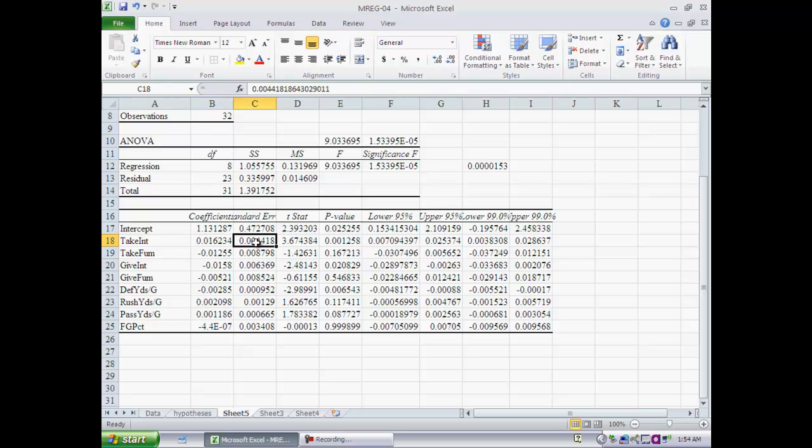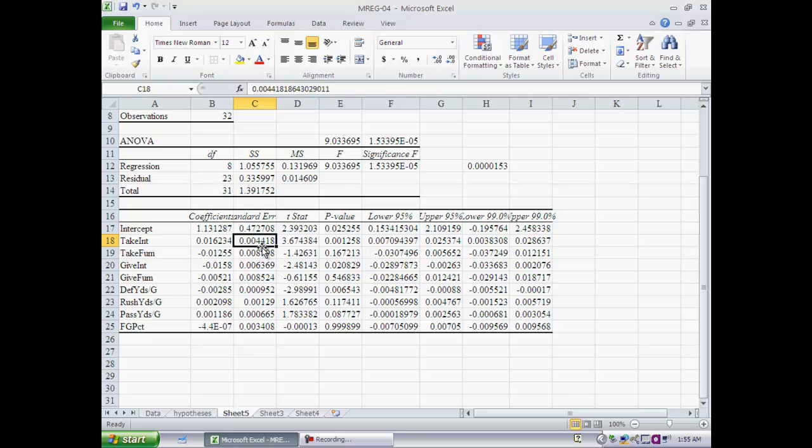How do I standardize? I use the standard error of the estimate here. It's 0.0044. This is the standard deviation of B1. Remember, B1 is a sample statistic. I got that coefficient based on a sample of those 30 odd teams that I have for that one season.